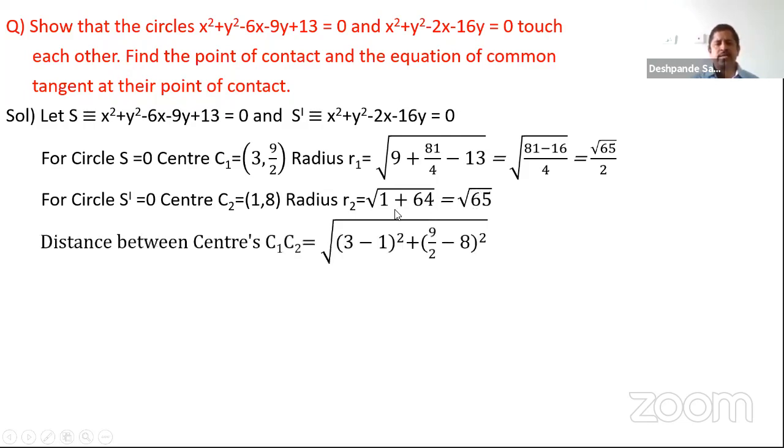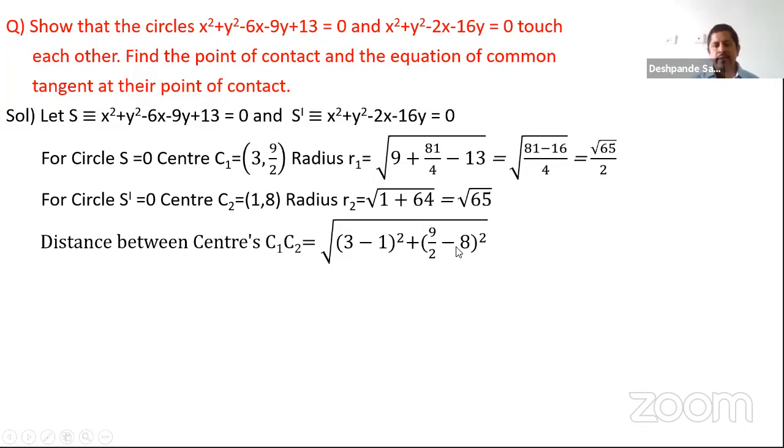Now you're going to take the distance between the two centers because you are going to check whether they are touching each other or not. How to find the distance between two points? The formula is the square root of x2 minus x1 whole square plus y2 minus y1 whole square. So 3 minus 1 whole square plus 9/2 minus 8 whole square. 3 minus 1 is 2, so 2 square is 4.